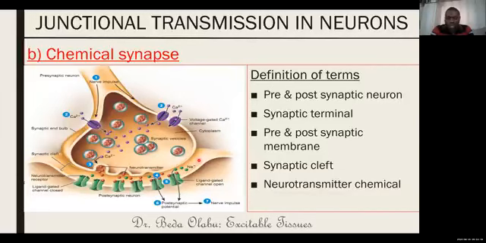Then there is what we call the neurotransmitter. The neurotransmitter is a chemical that facilitates signal transmission from one cell to another. The chemical that facilitates signal transmission from one cell to another is what we're calling the neurotransmitter. Now, if you're using the term neurotransmitter, then it means that the cells producing that chemical must be neurons, and the ones receiving it also must be neurons.